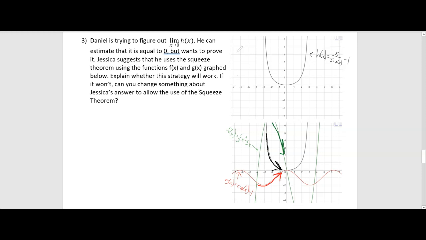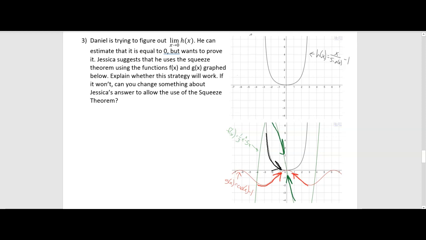Now, of course, you may see the problem. Well, what happens when we move to the other side of the graph, right? All of a sudden, if we move to the other side, now both our red and our green function lie below h of x, which is supposed to be our middle function. So this isn't going to work.